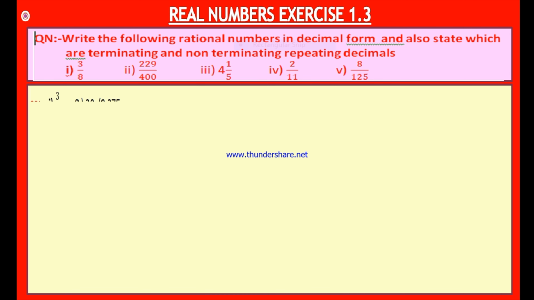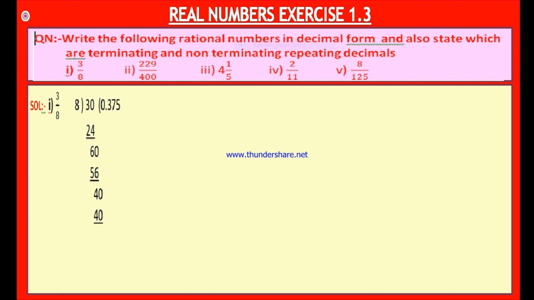Here is the solution for the first part. 3 divided by 8. You cannot divide 3 by 8, therefore keep 0 point and it will be 30 now. In 30, 8 goes 3 times, 3 8s are 24, the remainder is 6. You keep 0 beside 6 so that it is 60. In 68, 7 times, 7 8s are 56, now 40.